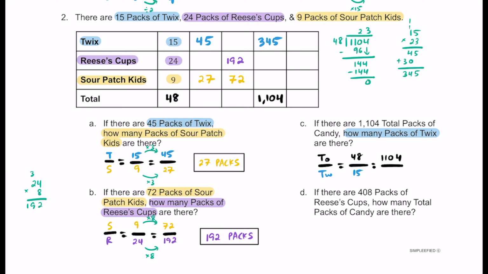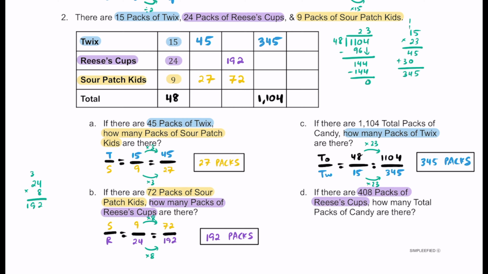And we were looking for that bottom number. Again, you can see that long division up top that we found out it's 23 times more candy. So we needed 23 times more candy here, and then 15 times 23, you can see that multiplication up top. We found out that's going to be 345. So if there were 1,104 total packs of candy, then 345 of them would be Twix candy bars.